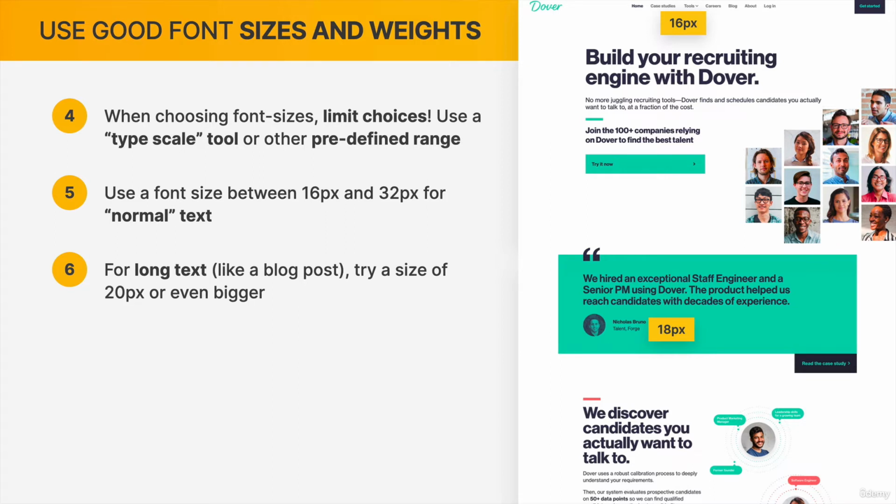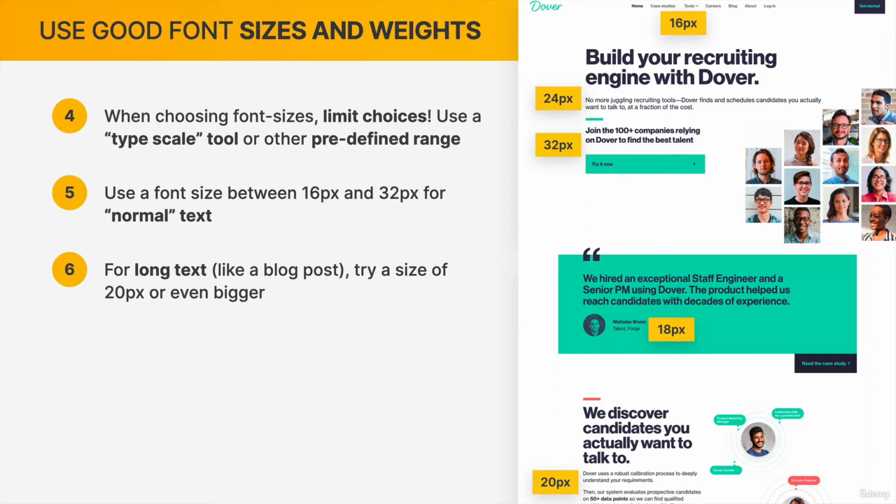So for example, this text down here in the example, which describes this section, has 20 pixels text. Also, this text up here, which describes the company, has 24 pixels, and this text below has 32, which we can actually count as normal text. So again, it is in the range of this rule, so between 16 and 32 pixels.